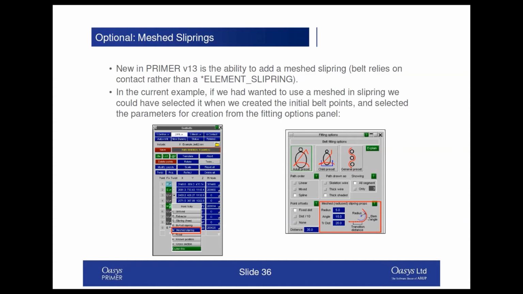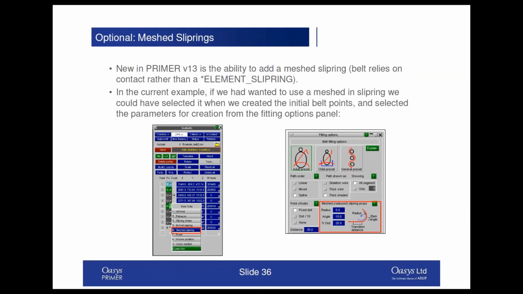Then Primer bisects that cylinder with a given angle. So we would break that cylinder down in 15-degree increments, and the distance along the outside of the cylinder as broken by the angle dictates our element length around the meshed in slip ring.